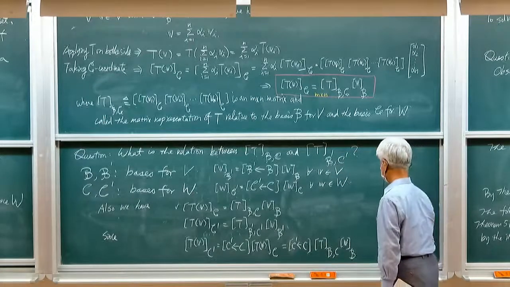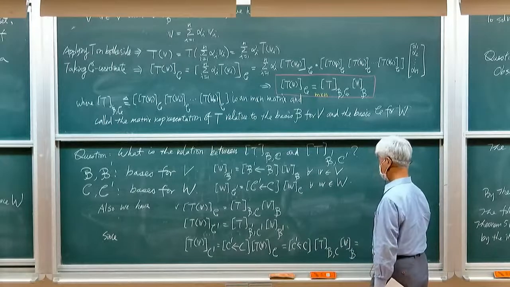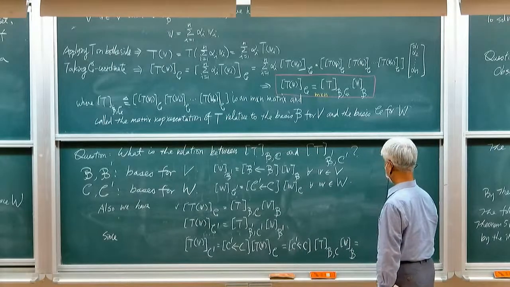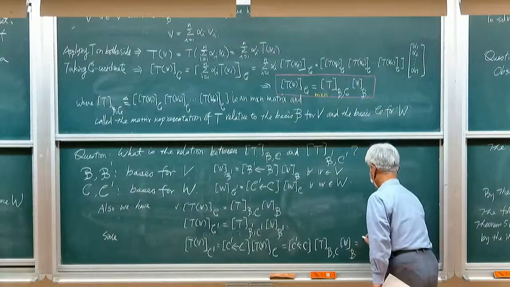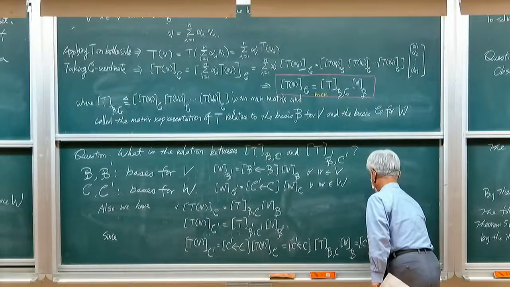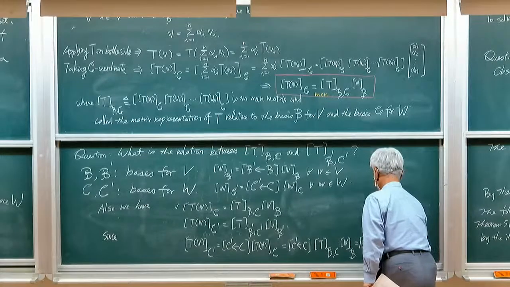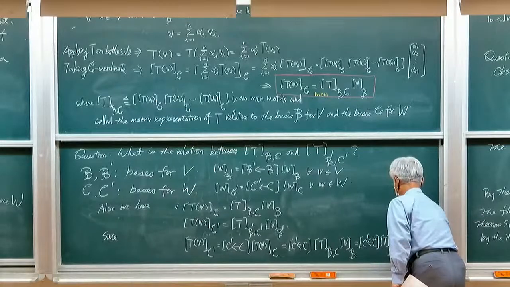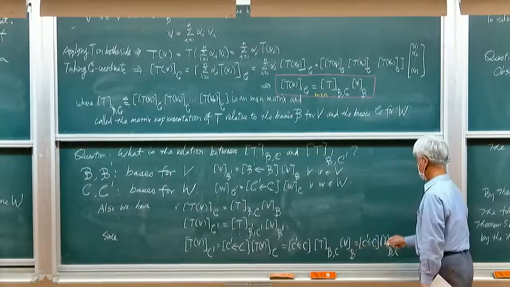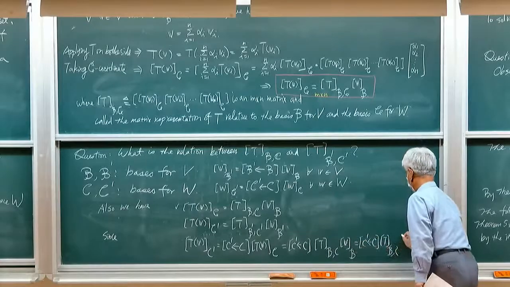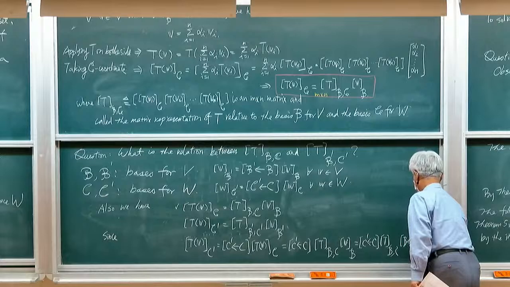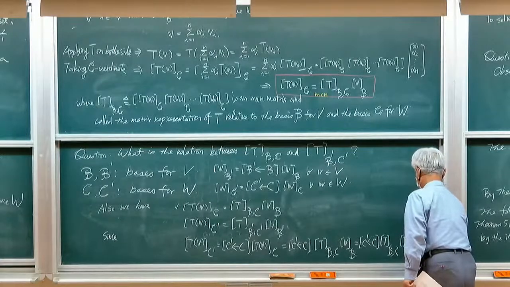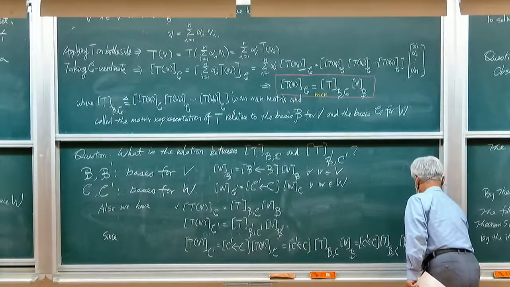Okay. And now the V B can be obtained from B prime, from V B prime here.